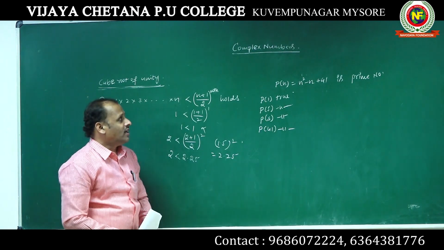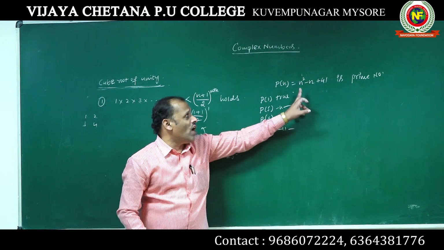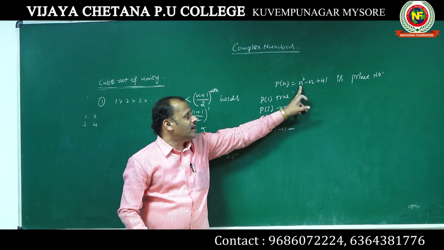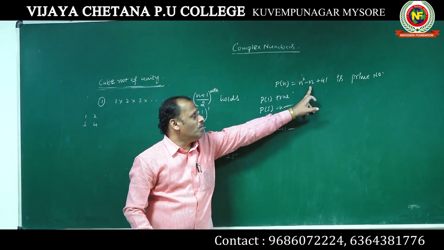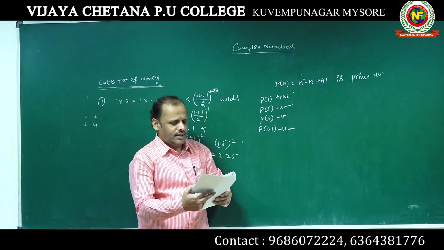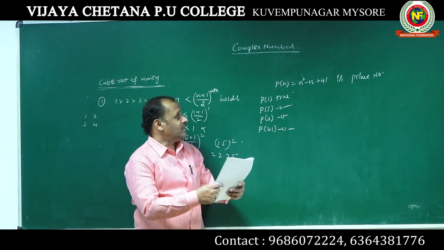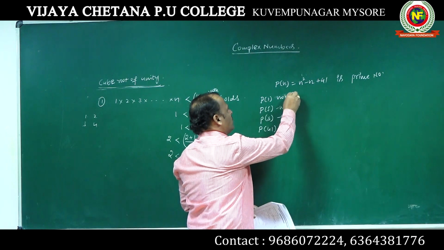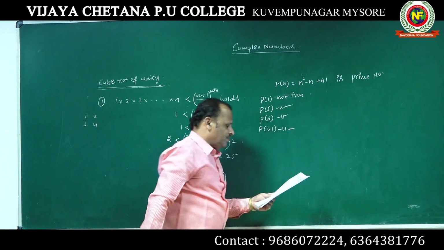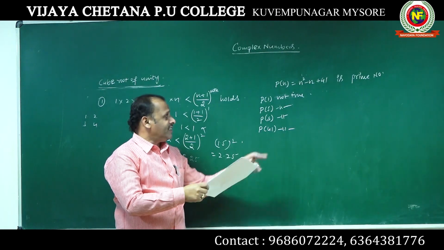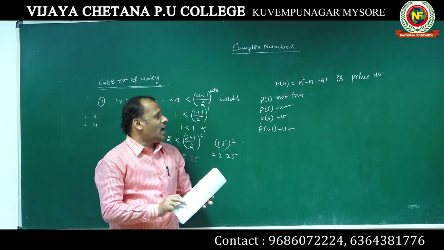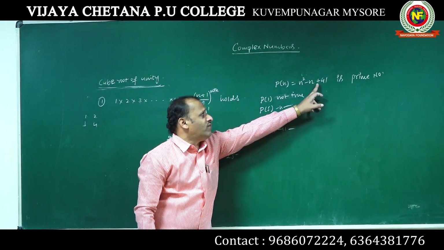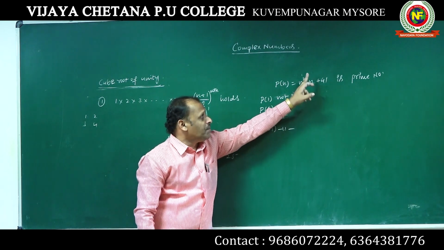Okay. Now, I will take 1 here. 1 minus 1 is 0, then 41. 41 is a prime number.